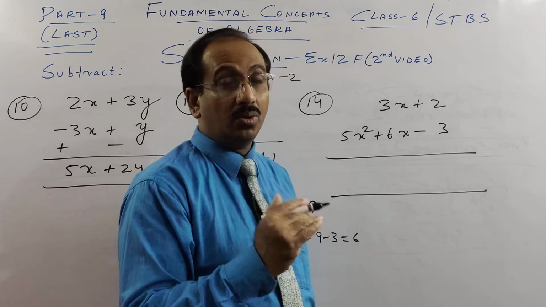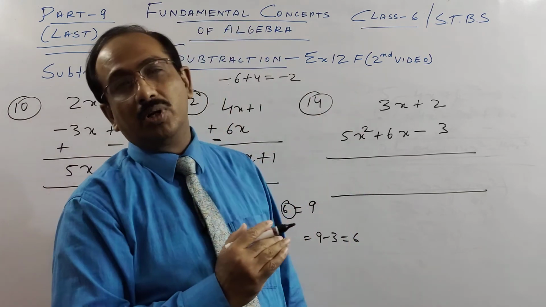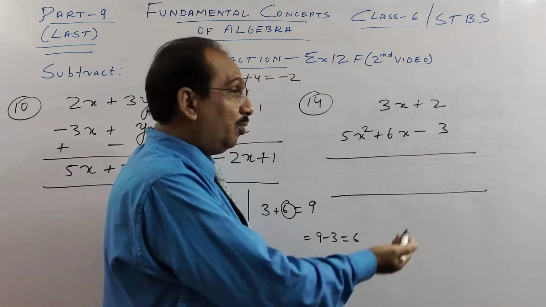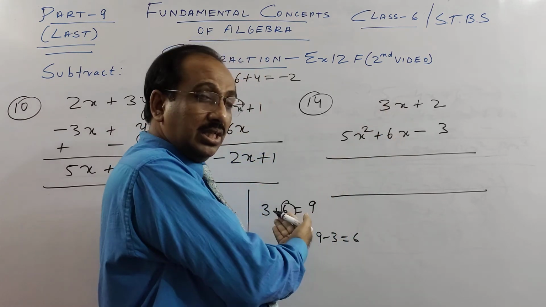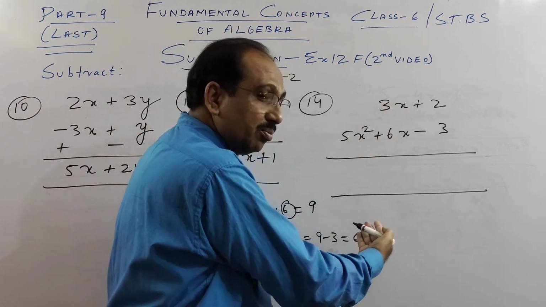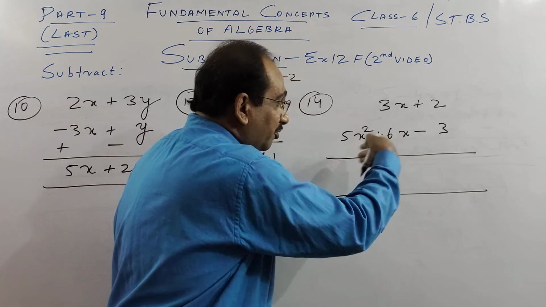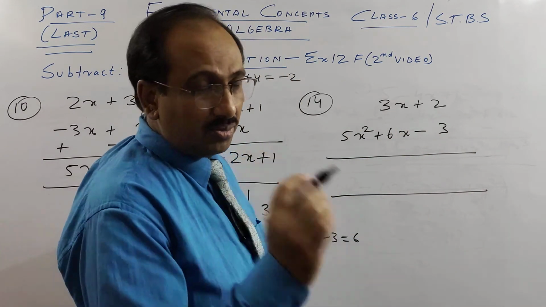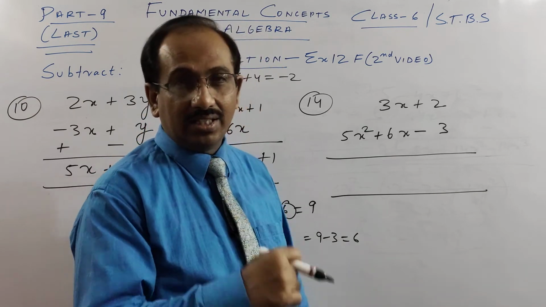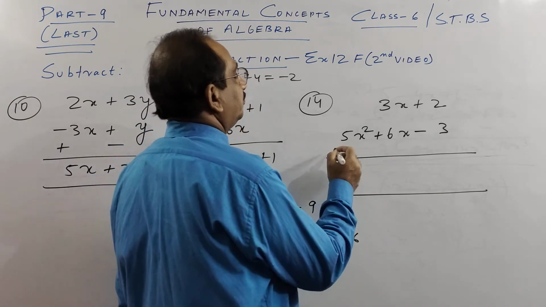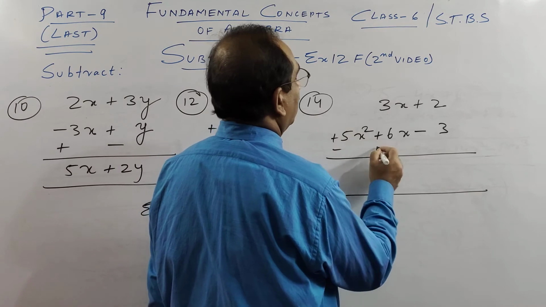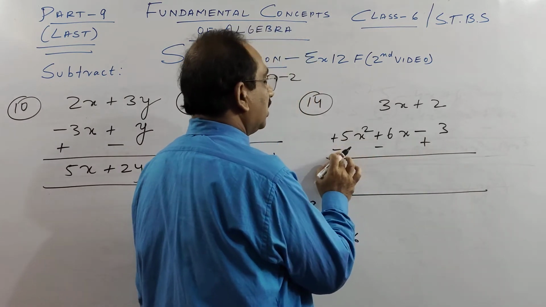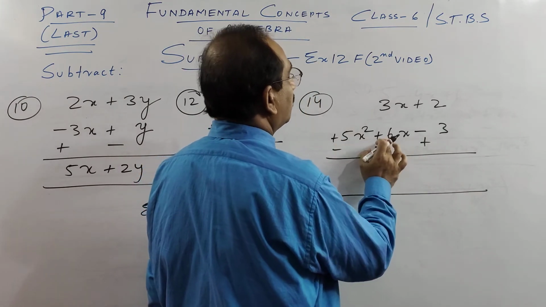Again, I am telling you what will come up and what will come down. Or if you are writing in row, what will come? The up one comes towards the left and the down one will come with minus sign in a bracket. If you do in a row, this minus bracket this. Okay, so you have to understand that rather than mugging up each sum. So this is plus, it will become minus, minus, plus. So minus becomes plus, plus becomes minus.